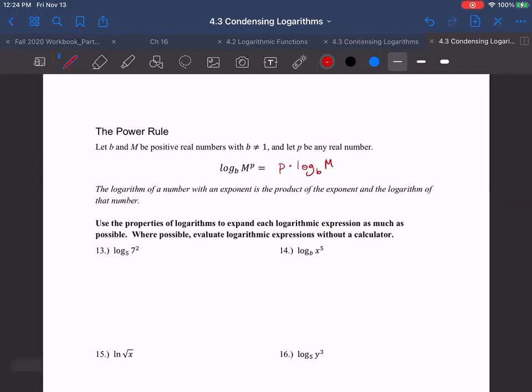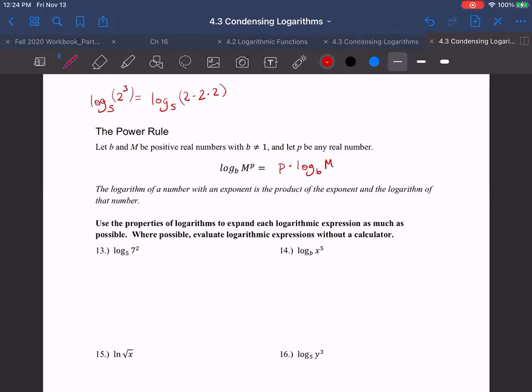If we look at the product rule, let's say we had log base 5 of 2 to the third. Well, we can make this the log base 5 of 2 times 2 times 2, because there's 3 of them.